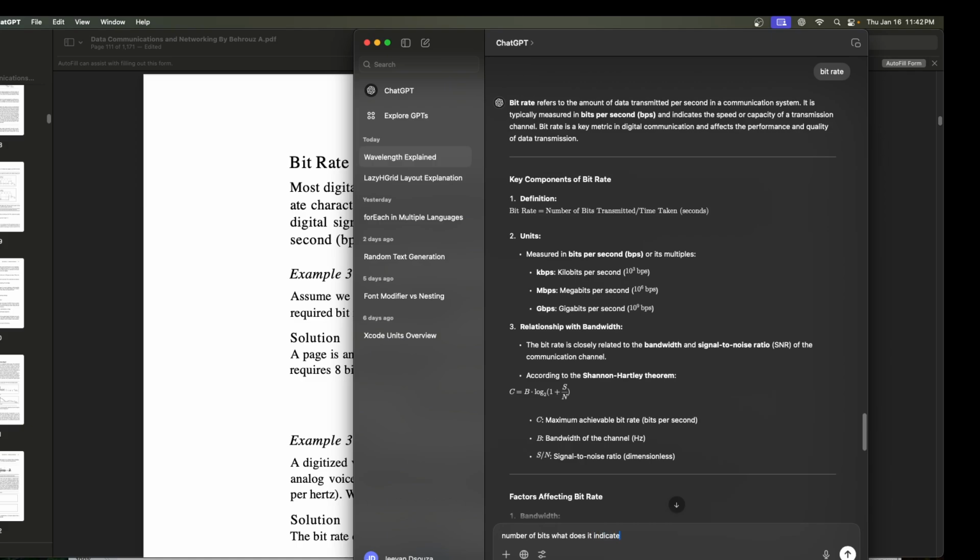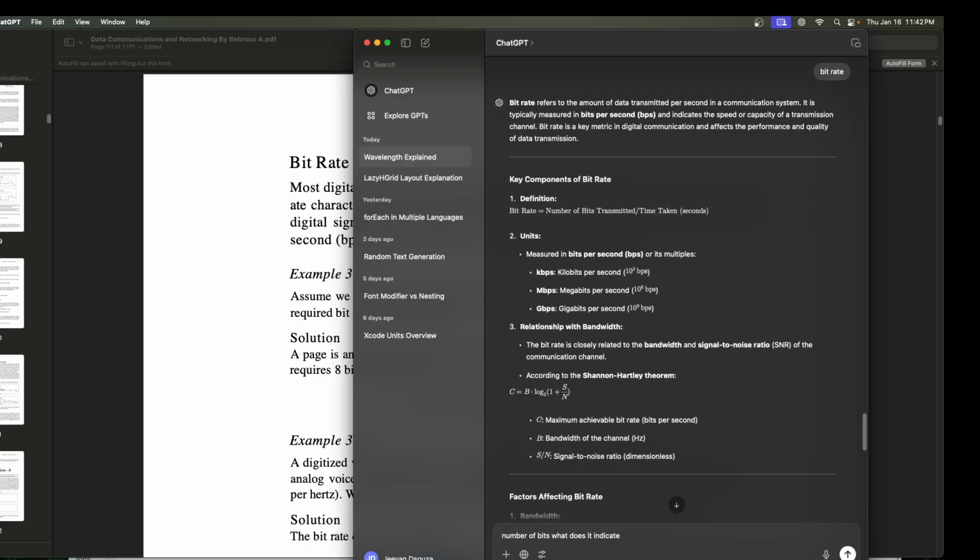So the thing is, bit rate, rate is basically something that is measured with respect to time. And if I say it in bits per second, so I'm saying, okay, I guess 10 power 3 bits are getting transmitted per second.